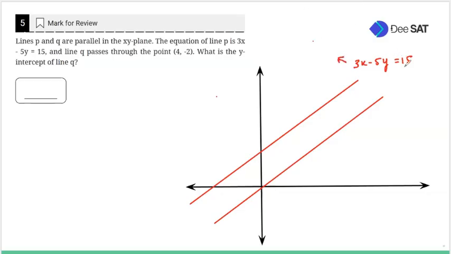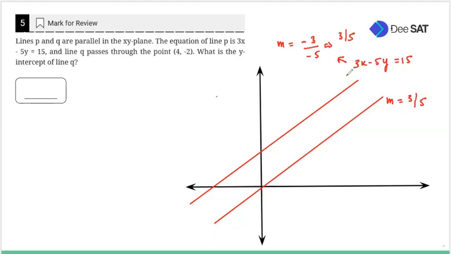This is in the general form. So the slope of this particular line is going to be negative of the coefficient of x divided by the coefficient of y, which I can say is negative of 3 divided by negative 5, which generates a value 3/5. So the slope of line Q should also be 3/5 for sure, right?